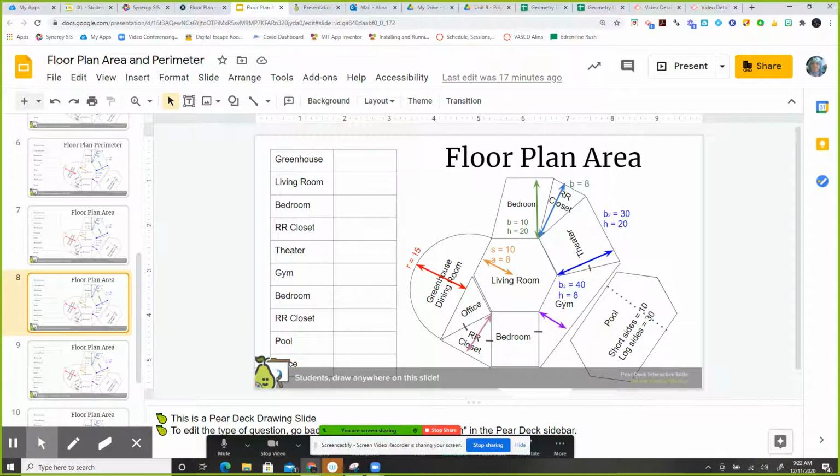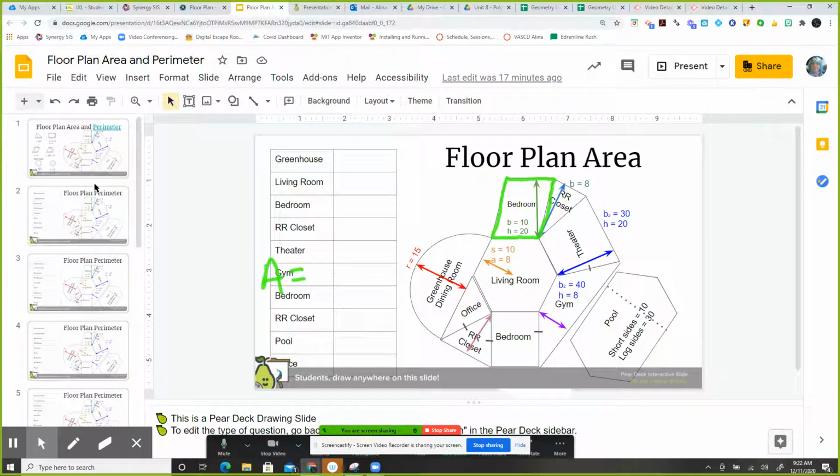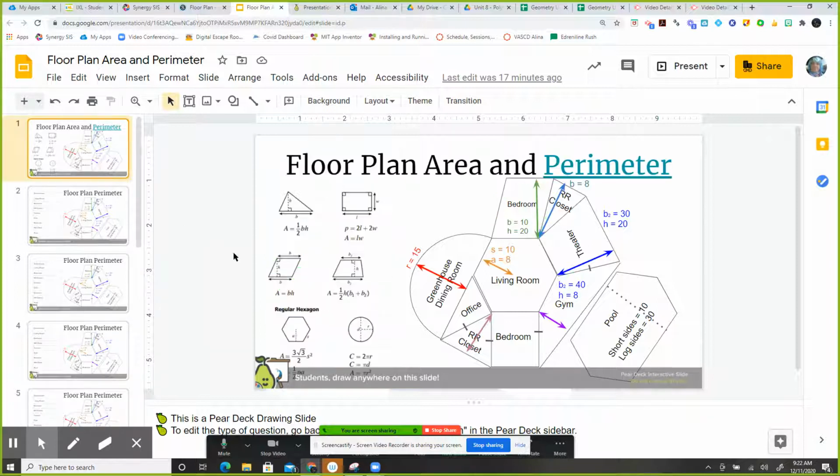Okay. What's my formula for area of a parallelogram? Area equals what? Is it 1/2 base times height, or is it just base times height? Just base times height, right?